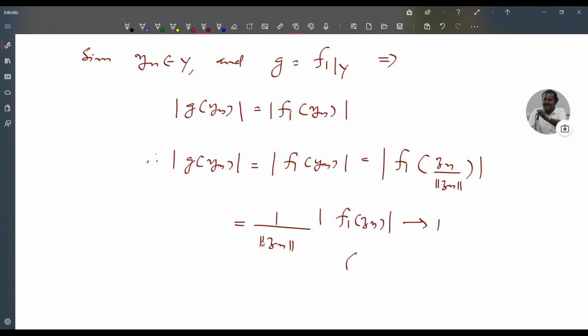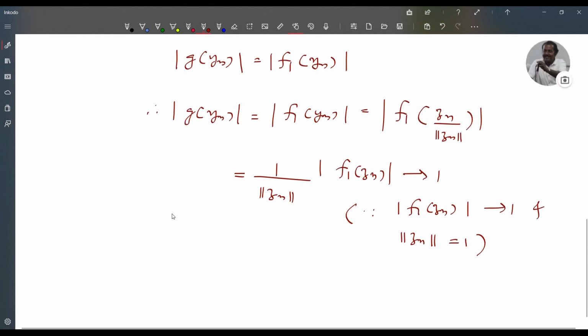This is since modulus of f1 of Zn tends to 1 and norm of Zn equal to 1. That is, modulus of g of yn tends to 1 as n tends to infinity. So this proves the reverse inequality. Therefore, norm g equal to 1.